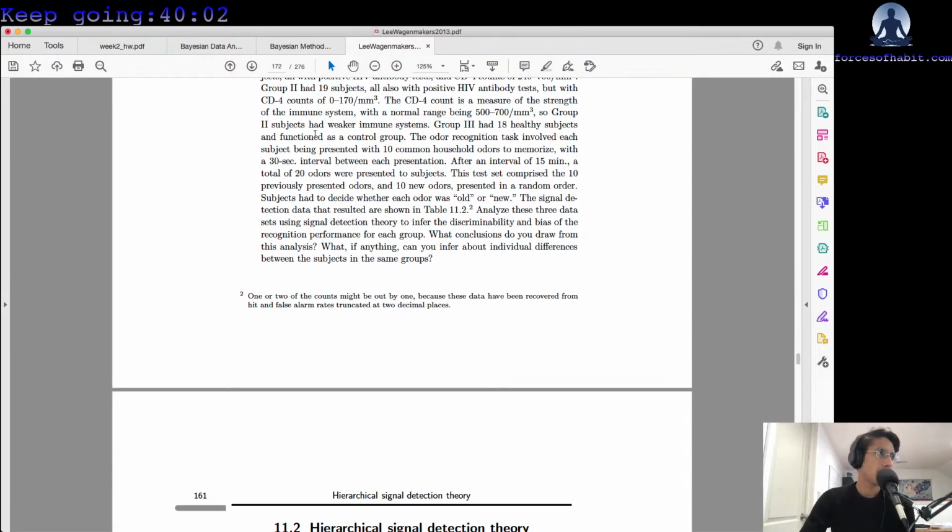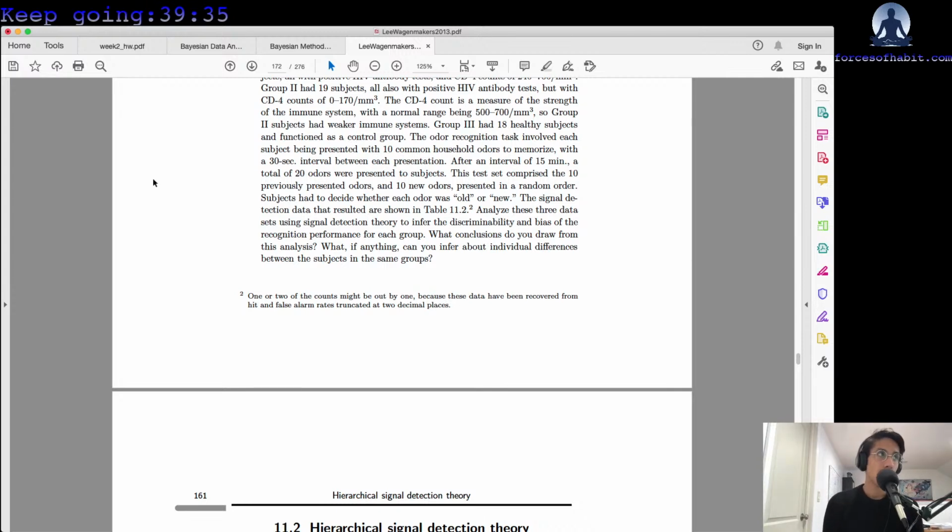Group 3 had 18 subjects and functioned as a control group. Odor recognition tests involved each subject being presented 10 common household odors, to memorize them, 30 seconds each between each presentation. After an interval of 15 minutes, a total of 20 odors were presented.